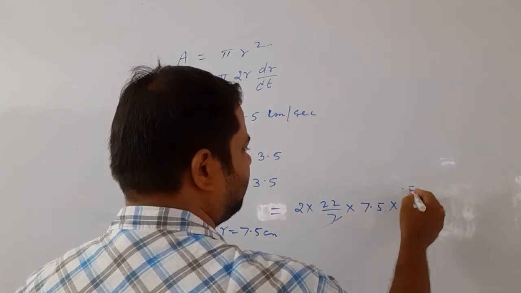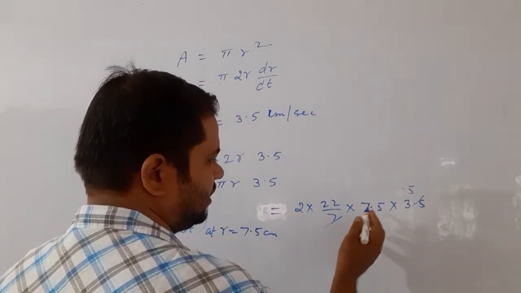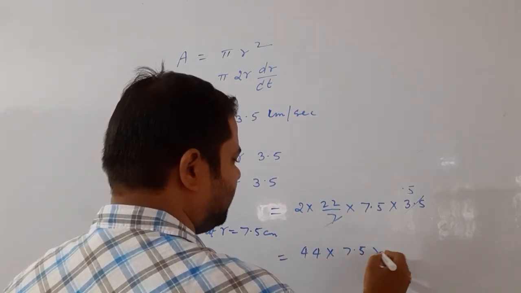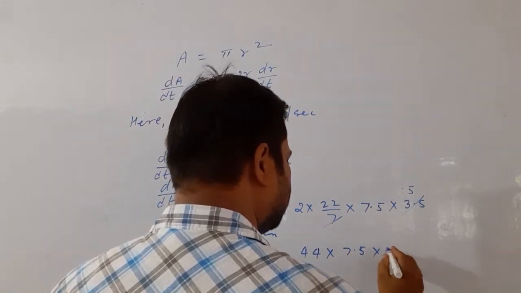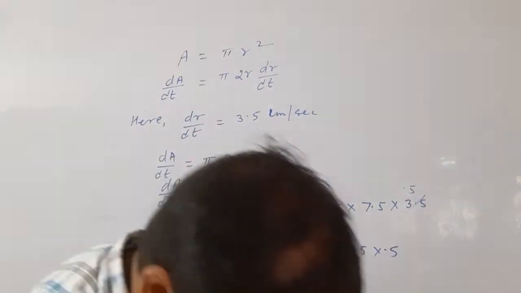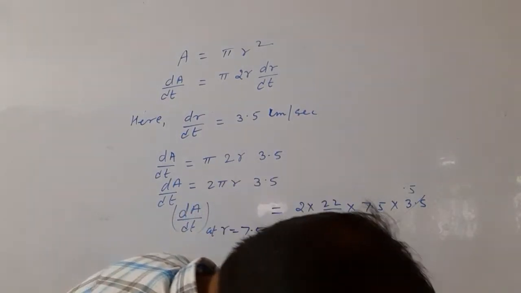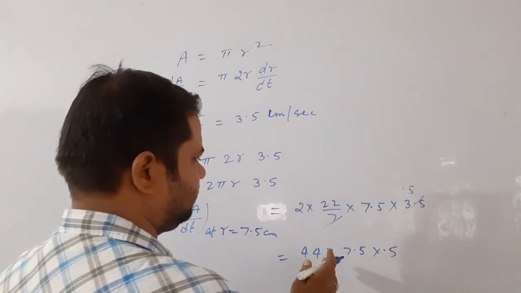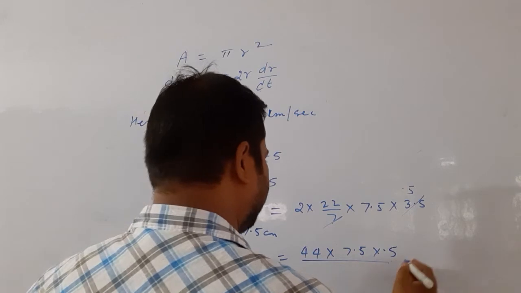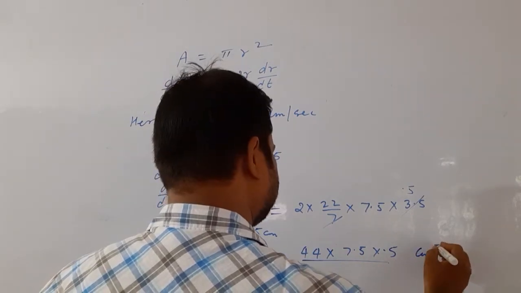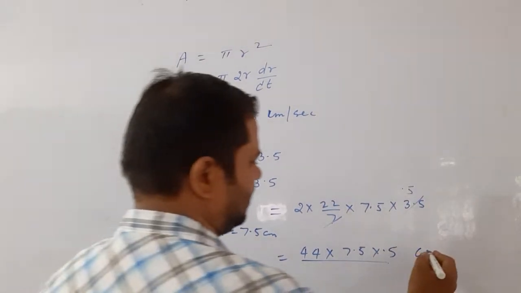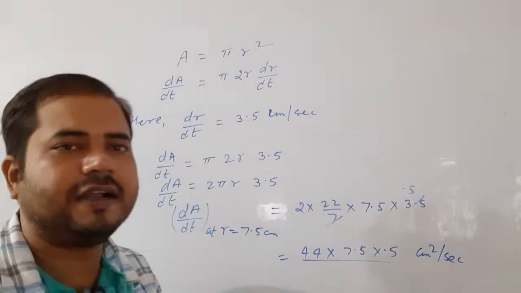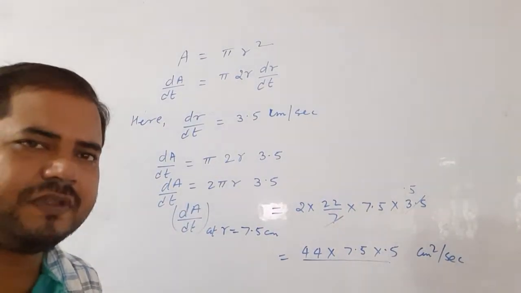So this is 0.5 and this is nothing but 2 into 22 into 7.5 into 0.5, and if you calculate, you will get 52.5 pi. So calculate it, multiply and write it in centimeter square per second. Okay, this is change in area, that means centimeter square per second. Okay, so note it down.